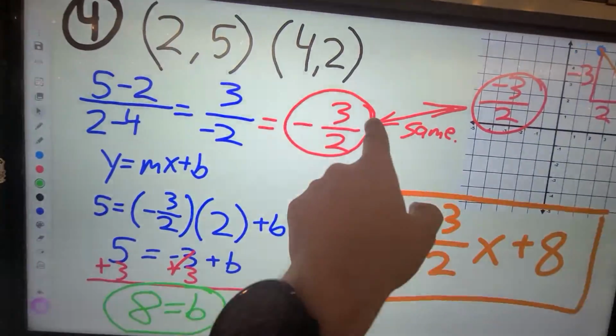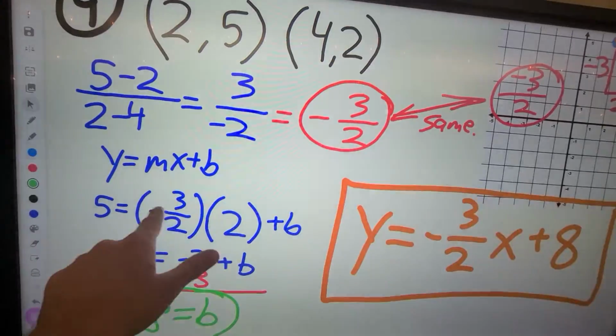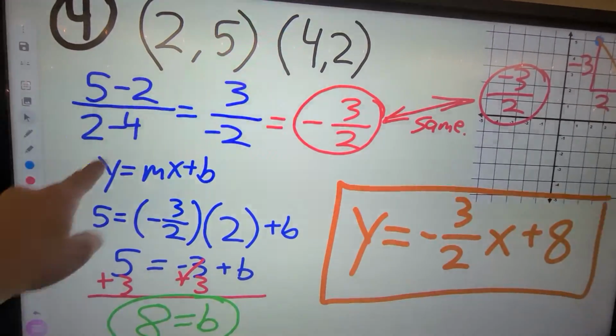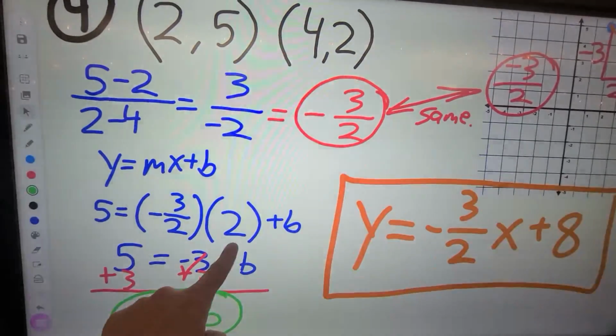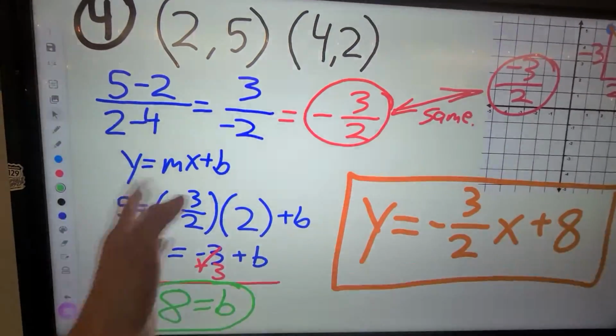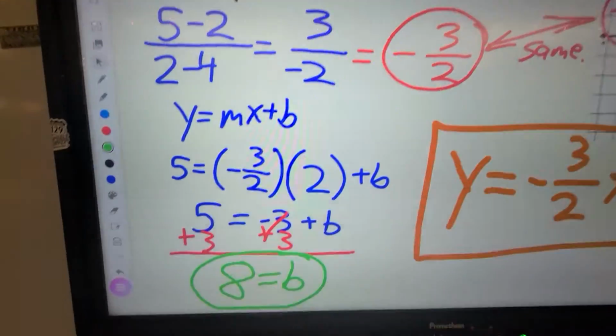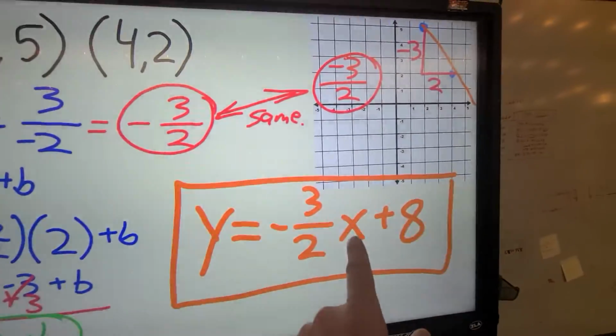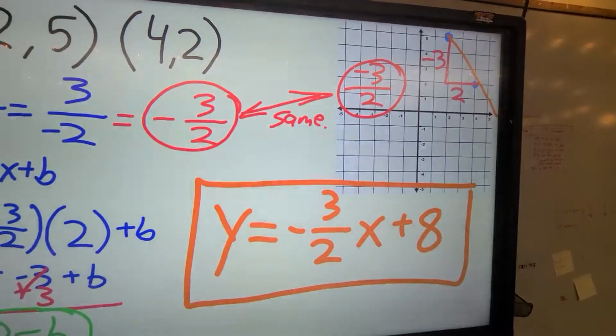Then I just take my slope and plug it in to my equation, and I work it out using this coordinate. I simply put the 5 over here and the 2 over here, and my slope over here. I solved it as per usual, and I got 8 for my y-intercept. I plugged it in here, and that's my answer.